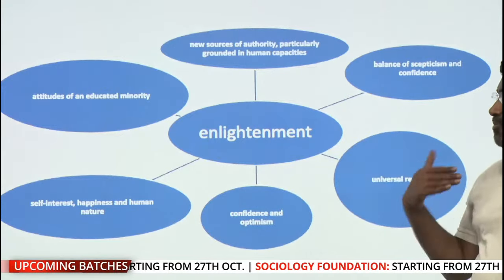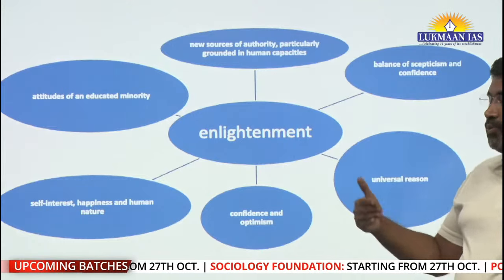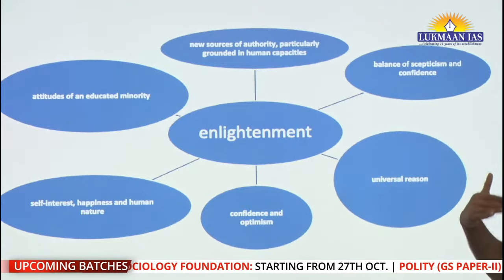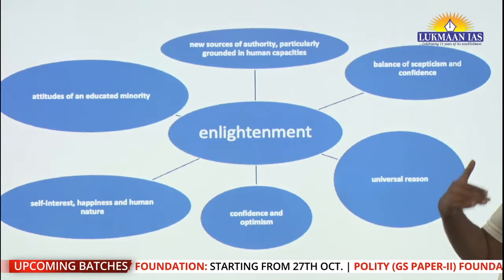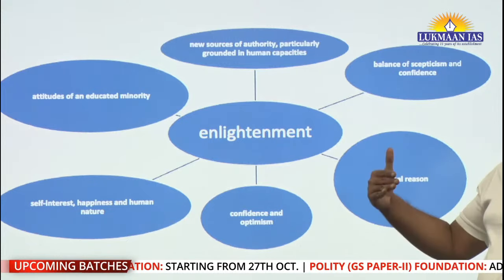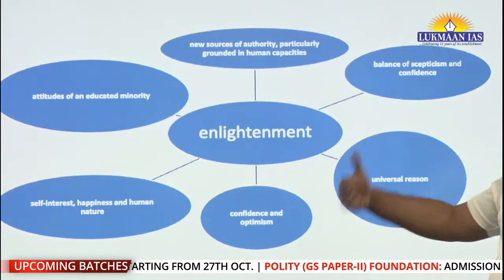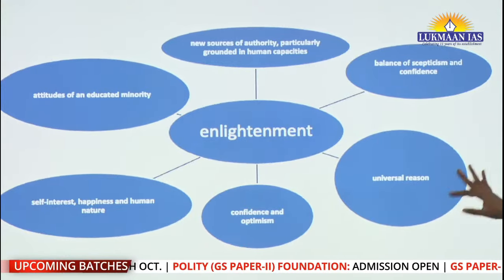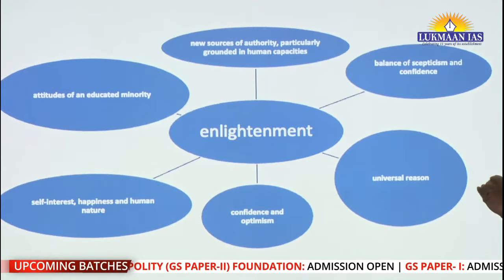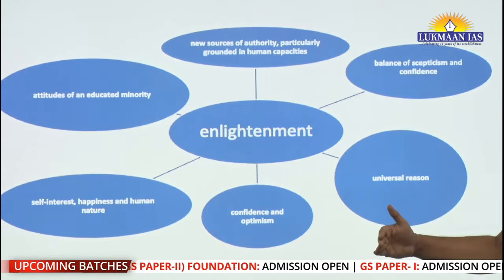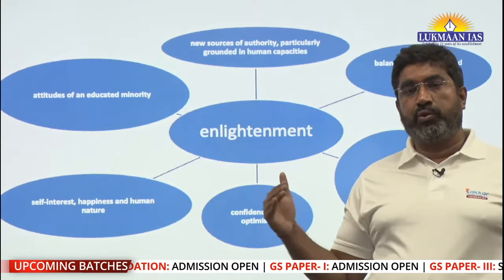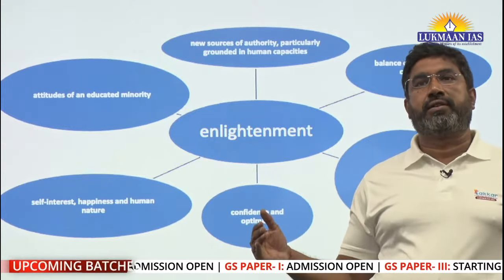The contention of Durkheim is another school. Confidence and optimism that society will progress and there will be a better life, citizen to subject, modernization at the social level, at the family level. So these were the aspects of enlightenment which you will be relating to the emergence of sociology with the views of some of the thinkers.